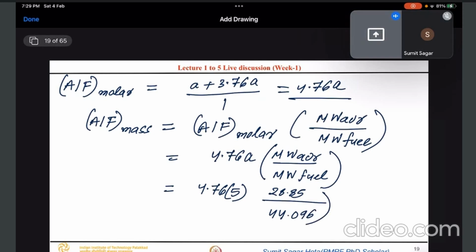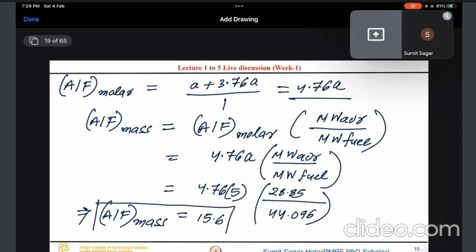What is our fuel? C3H8. You should know how to calculate its molecular weight. Now the air-fuel ratio on a mass basis comes out to be 15.6.